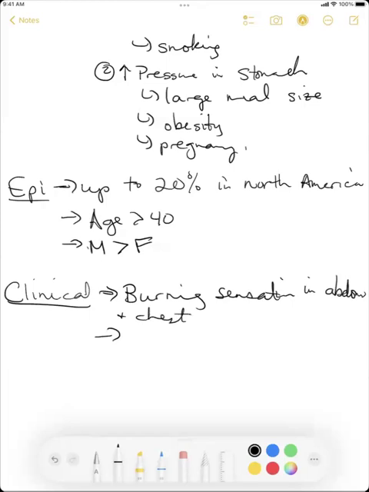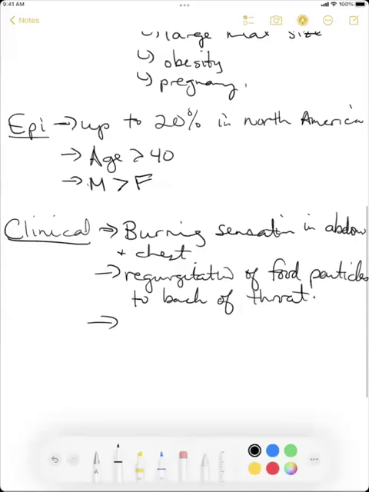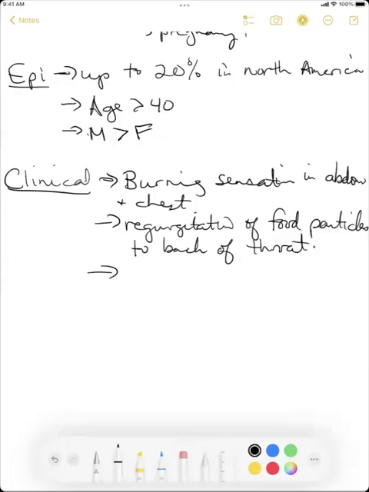Sometimes people will have reflux that is so bad that they'll get regurgitation of food particles into the back of their throat. If it's particularly bad and it's been going on for some time and there's inflammation in the esophagus, sometimes people have pain with swallowing.